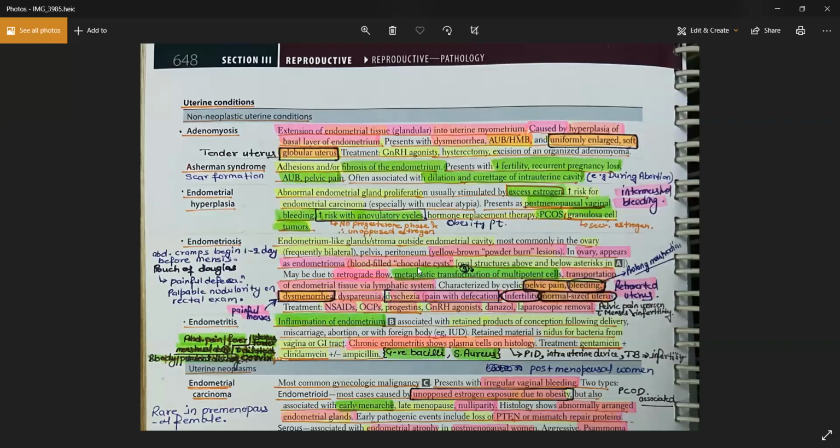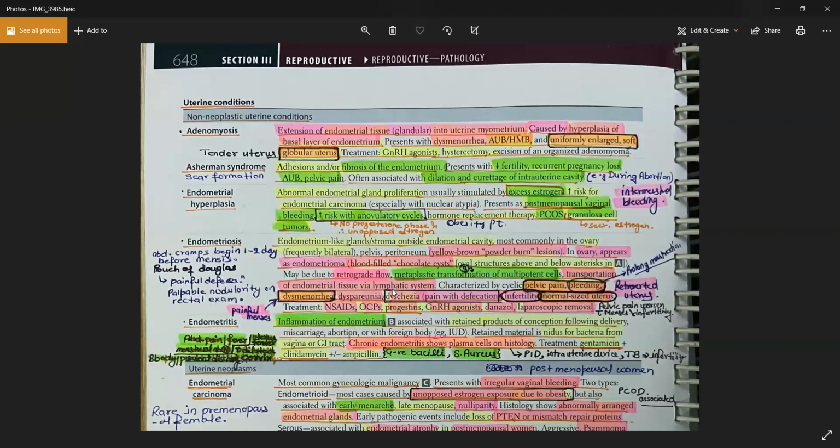The second cause could be when a multipotent cell, that means a stem cell, becomes metaplastic and now becomes an endometrial-like layer. It is a kind of metaplasia in which the stem cell layer of maybe the ovary, fallopian tube, urinary bladder, or intestine transforms into an endometrium-like layer, and you will call it endometriosis. The third could be transportation of endometrial tissue via the lymphatic system.